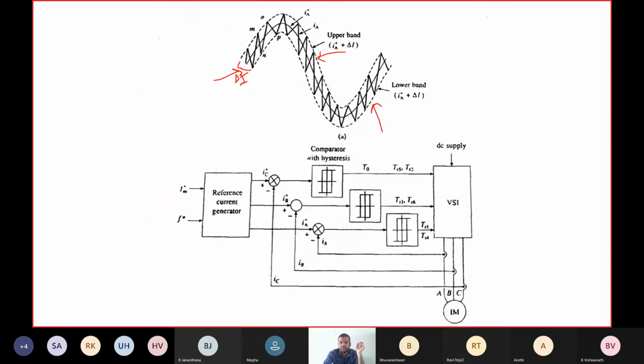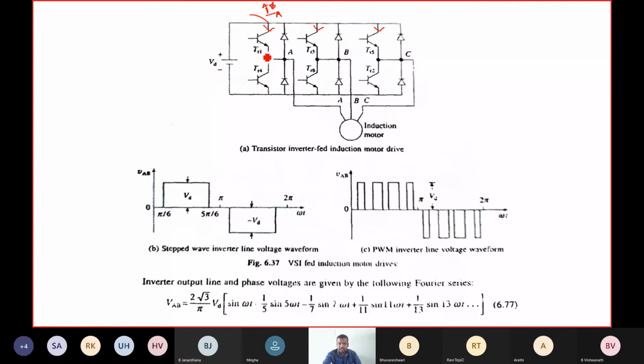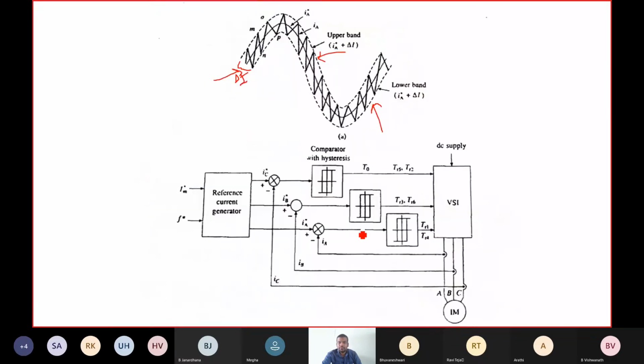The same construction is here. These are the comparators with hysteresis. When IA star current is flowing here, the TR1 and TR4 legs operate.